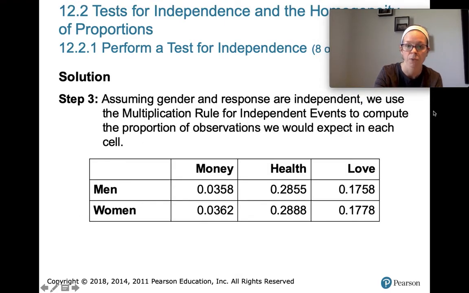After we do that, we can then figure out what percent we would expect to happen in each of the individual cells.